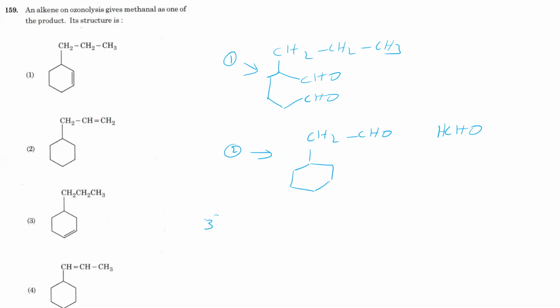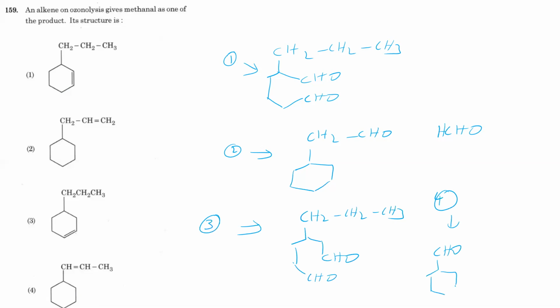Now let us see what the third option will give. We are breaking the double bond, so we are getting CHO here, and this is CHO. For the fourth option, you break the double bond and give oxygen atoms on either side of the double bond.